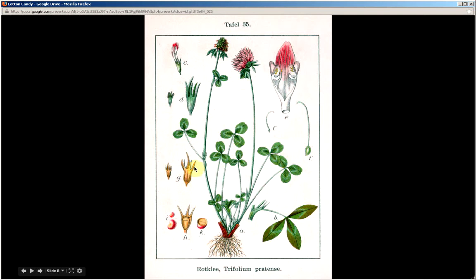This calyx has gone to seeding. This is the same calyx, but it has gone from the flowering stage to the seeding stage here. Notice again the leaflets which subset the flower head, which is characteristic of this particular species of clover.